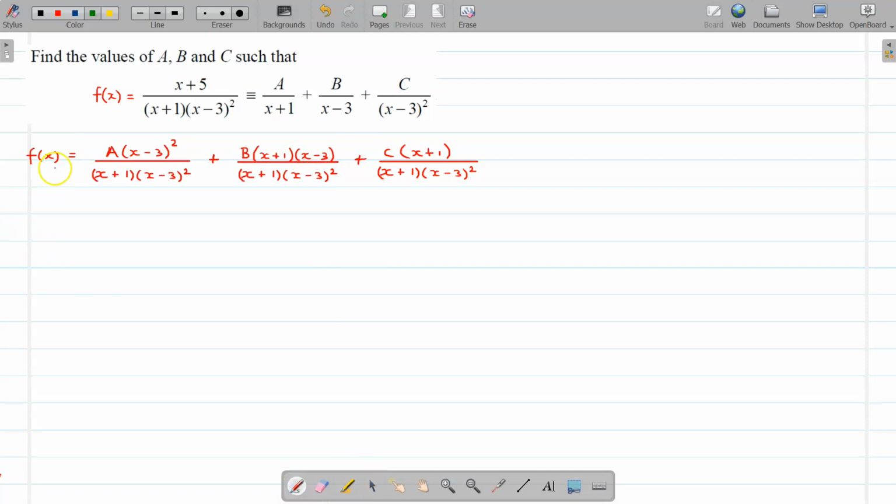Instead of writing all that down, we could have just written the numerator of f of x, which is x plus 5, equal to a times x minus 3 all squared, plus b times x plus 1 times x minus 3, plus c times x plus 1.